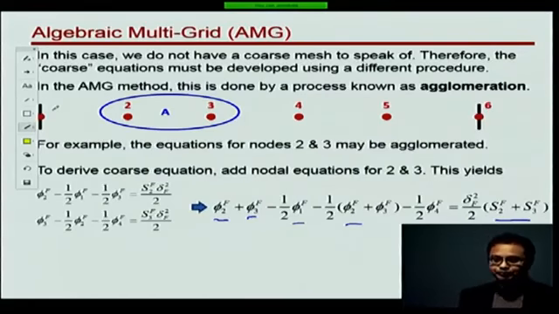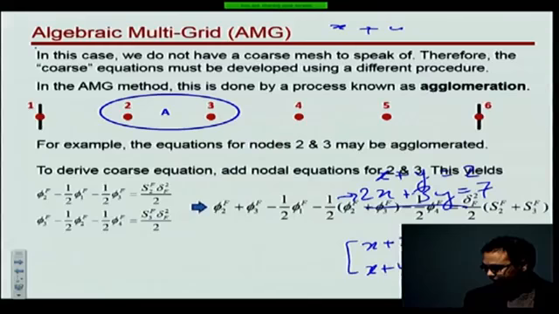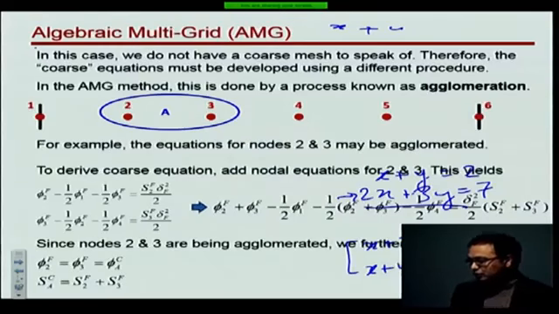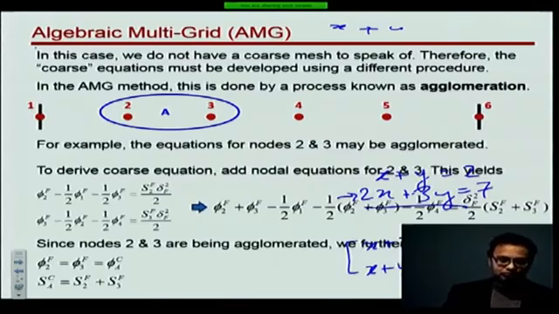Now we are going to make the assumption that since nodes 2 and 3 are being agglomerated, phi2 equals phi3 equals phi A. They have been combined into one node, so their values must be equal. And we are also going to assume that the source term is cumulatively added.